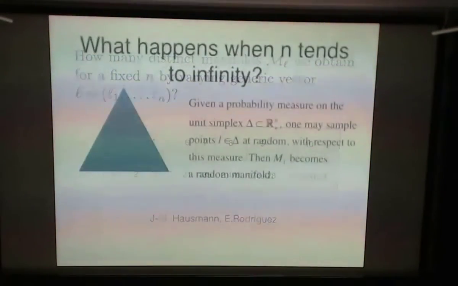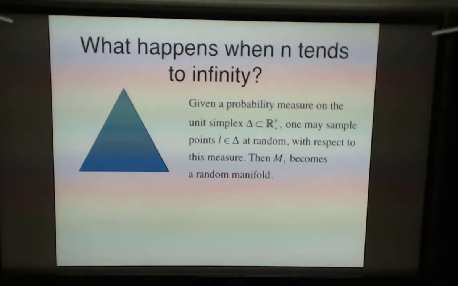So what happens when n tends to infinity? We have this simplex where the vector L is selected, and we pick this L at random.